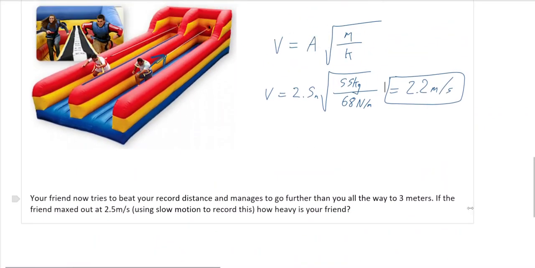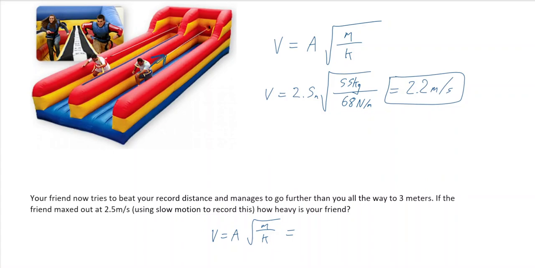Now your friend tries to beat your record distance and manages to go further than you, all the way to 3 meters. If the friend maxed out at 2.5 meters per second, using slow motion to record it, how heavy is your friend? So now you're going to weigh your friend given his speed and amplitude.